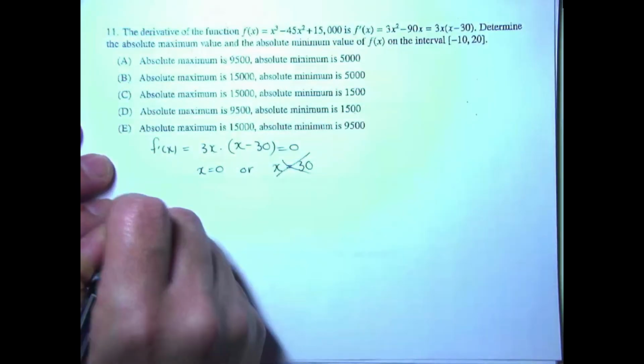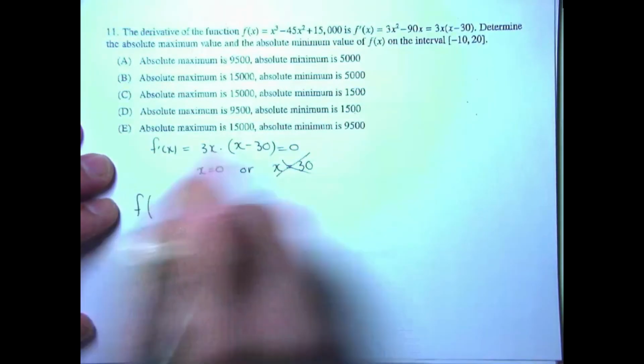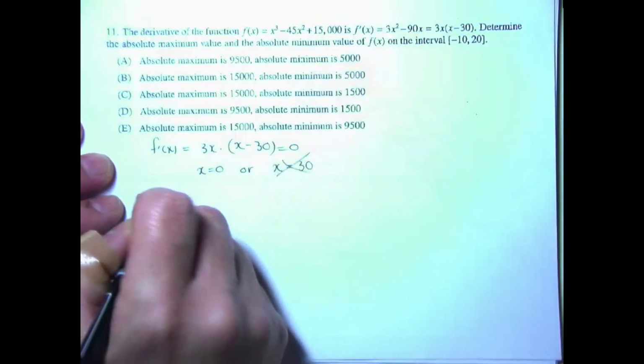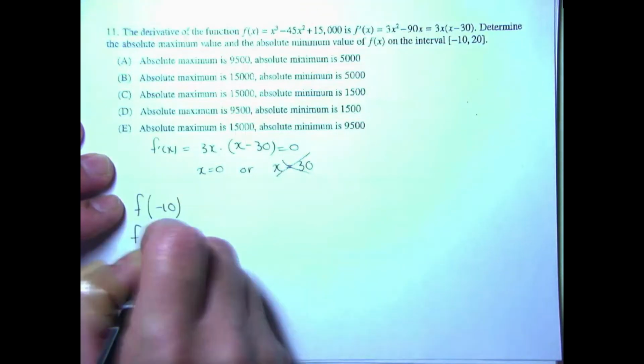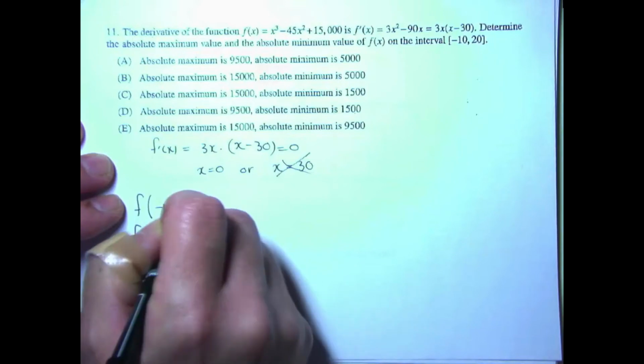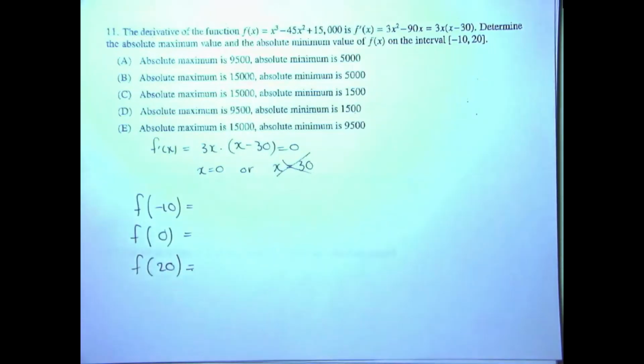So I'm going to be evaluating the original function at my endpoints and every critical point on that interval. So that will be evaluating it at negative 10, evaluating it at 0, and also at 20. And let's just see what we get. All right, so if I plug in, I will have negative 10 cubed minus 45 times negative 10 squared plus 15,000.